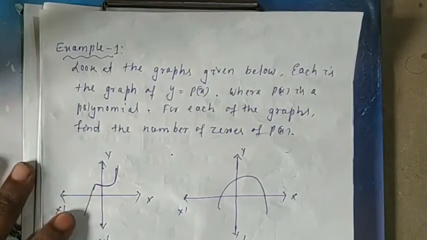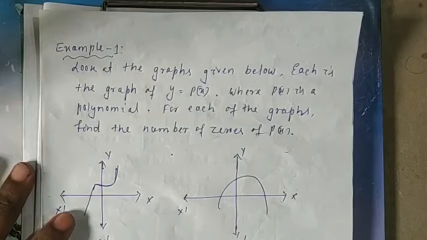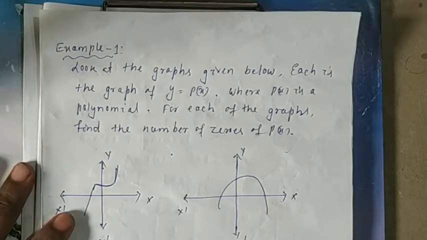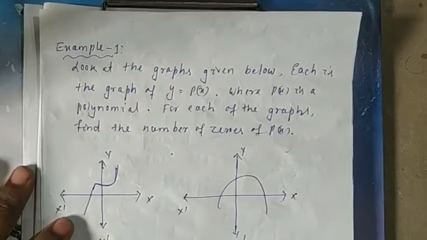For a linear polynomial, the number of zeros is 1, because the graph of the linear polynomial intersects the x-axis at exactly one point. That's why the zeros of the linear polynomial is 1.